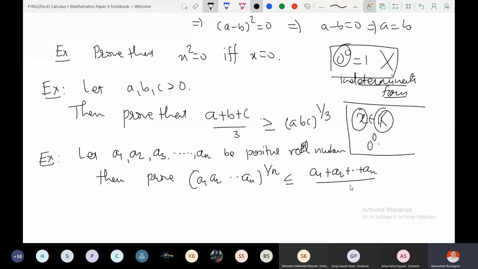If you want to prove it for any number, you can use induction. So assume it for n and then prove it for n plus 1. For n positive real numbers, this is true for n numbers also.